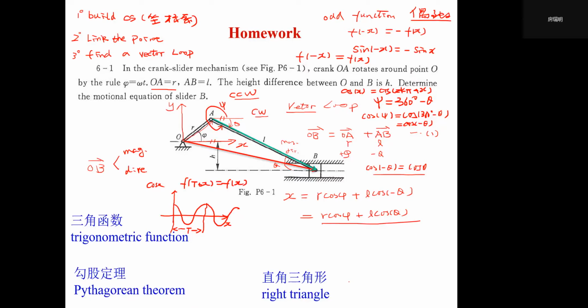That's why cosine of 360 degrees minus theta equals this. So if you go along the CW direction, we just get minus theta directly, then projecting onto x, we have the same result.